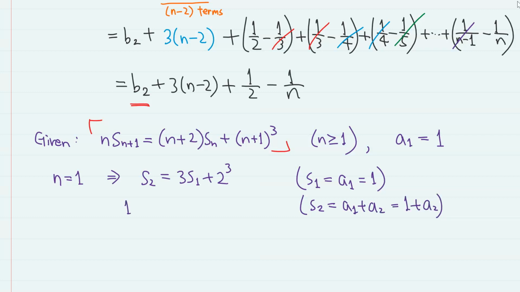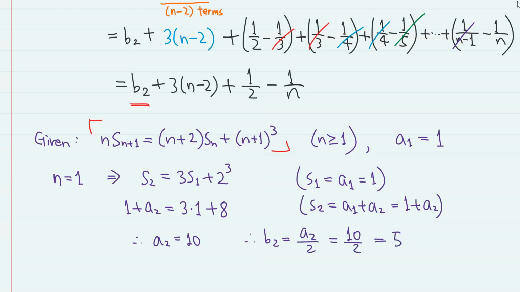So the left-hand side is 1 plus a2, and the right-hand side is 3 times 1 plus 8, which gives a2 equals 10, which gives b2 equals a2 divided by 2, so 10 divided by 2, which is 5. So this is 5.